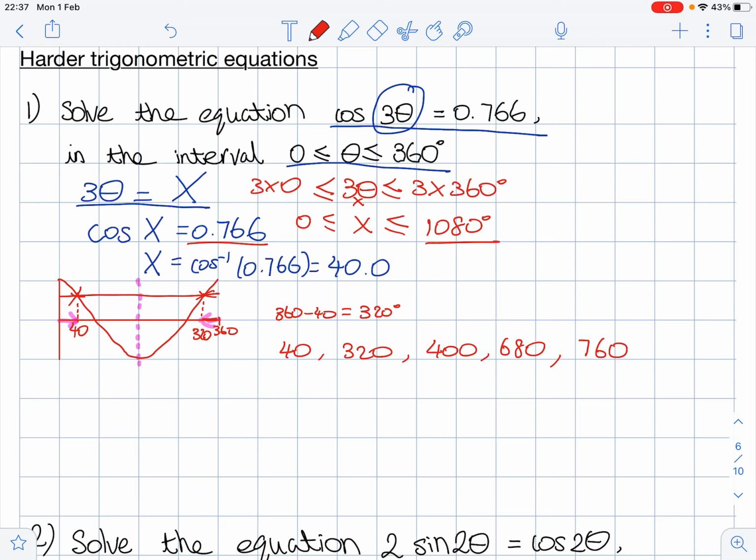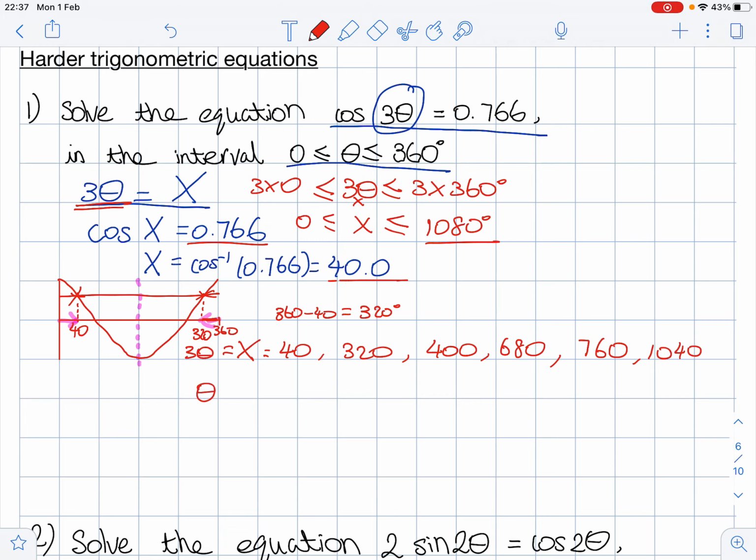Then 680 plus another 360 is 1040. So remember it repeats every 360 degrees. Those are the values for X, which is also the same as 3 theta.